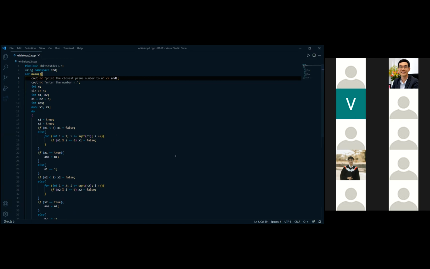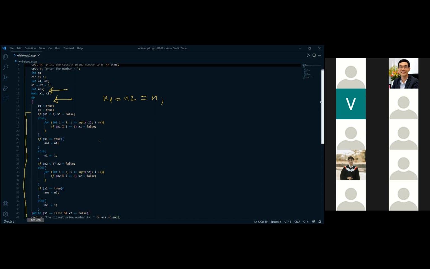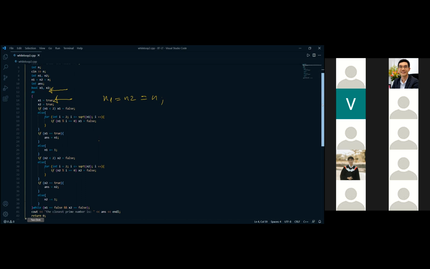N is the input here. And he maintained two numbers, n1 and n2. Starting, n1 and n2 are equal to n. Okay. And then he got the loops. Can you scroll down a bit so that the full loop will be shown? Yeah. Okay. Thank you. Because initialization is easy to understand for everyone.